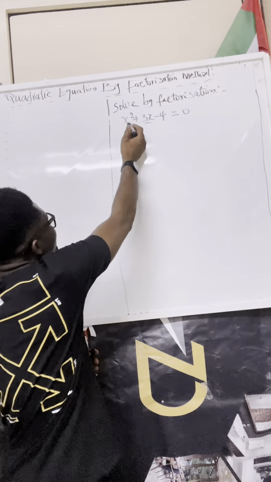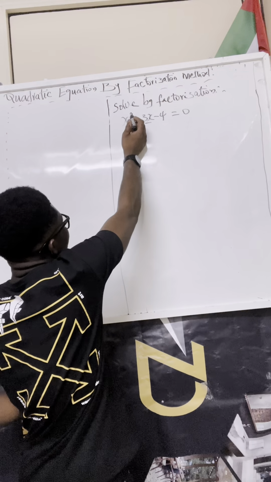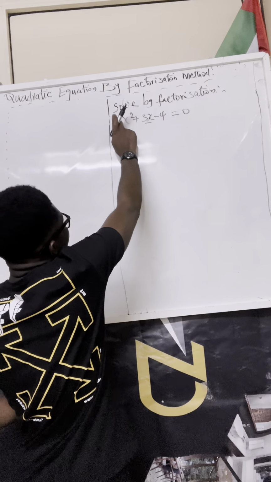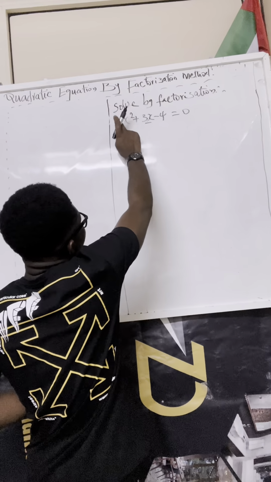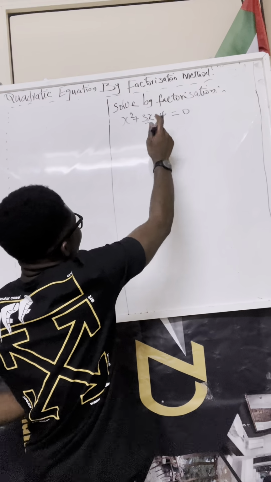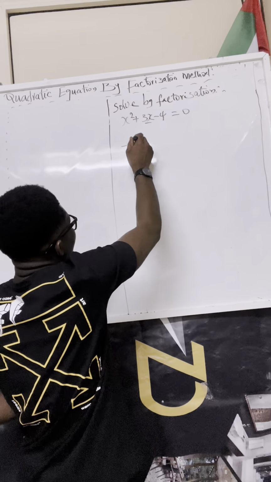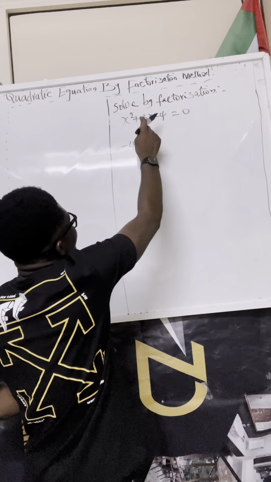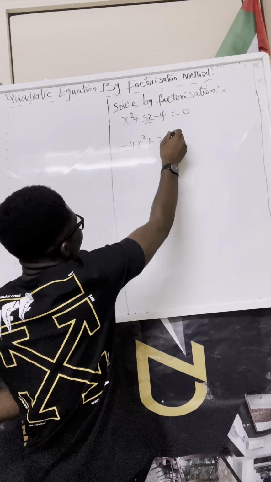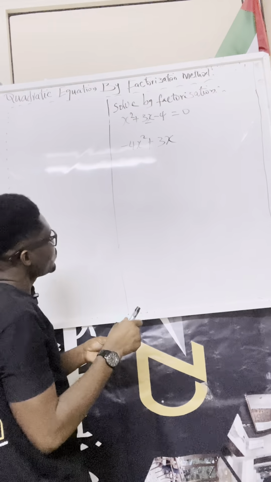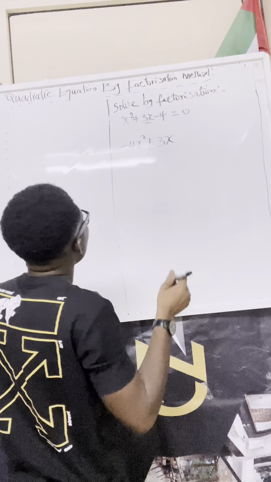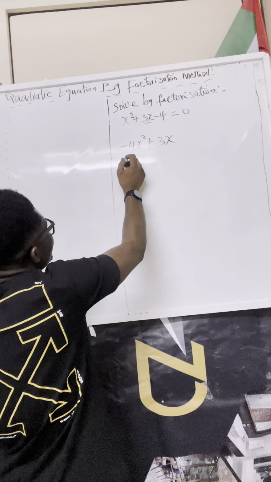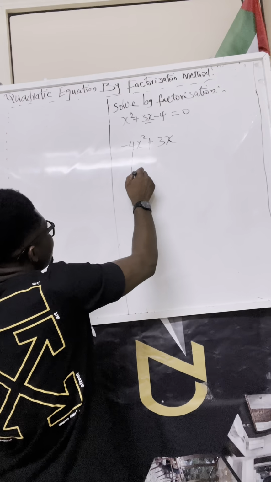The coefficient of x squared here is 1. If I multiply x squared by minus 4, I have minus 4x squared, plus this middle term 3x, which we call this the product.